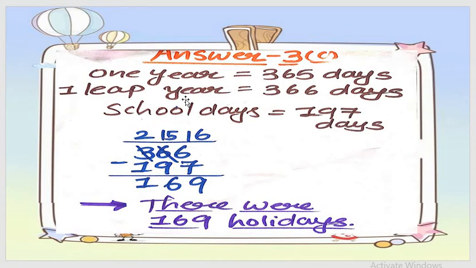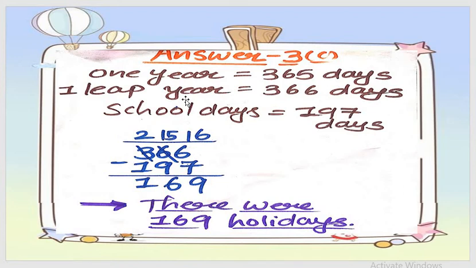Got my point? 1 year has 365 days, and one leap year 366 days. The only difference is one day. In a leap year 1 day more comes, and in a year only 365 days.